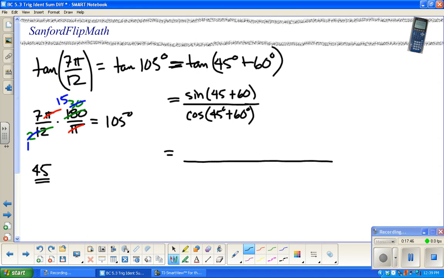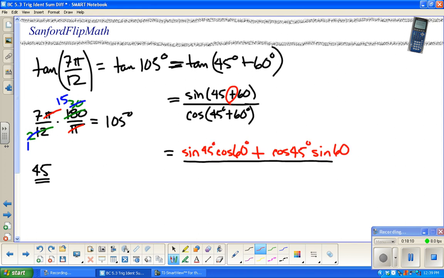All right, so sine, I have two identities that I need to follow here. Okay, so remember that sine has the same sign and opposite functions. So this is going to be sine, cosine, cosine, sine. Okay, just a quick check on yourself here.